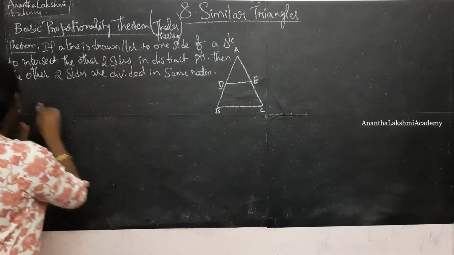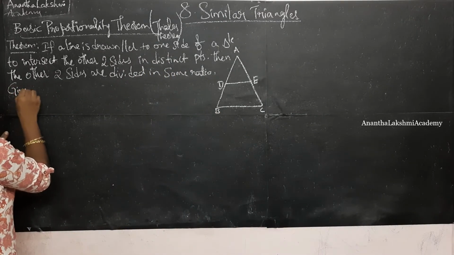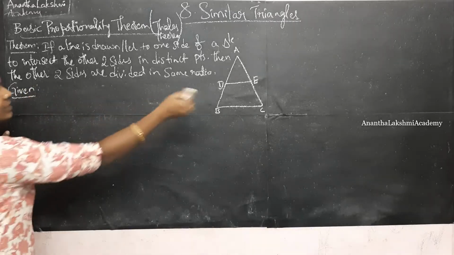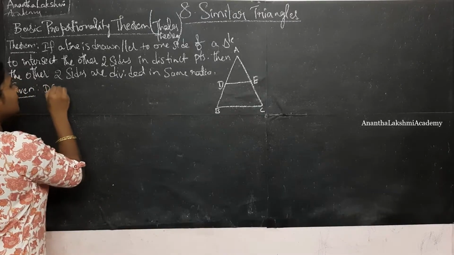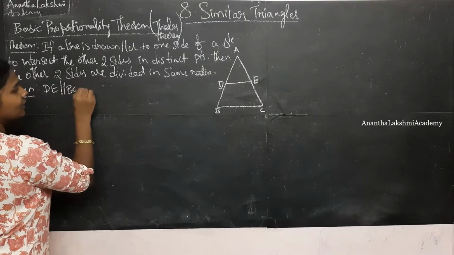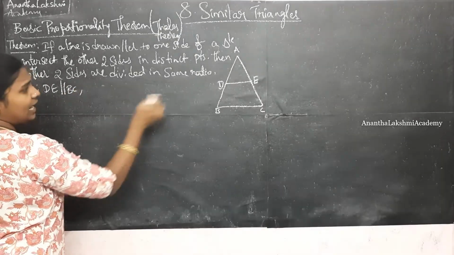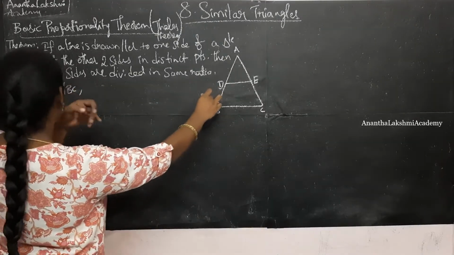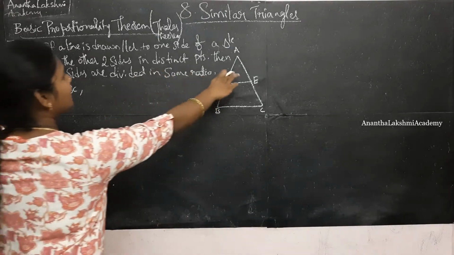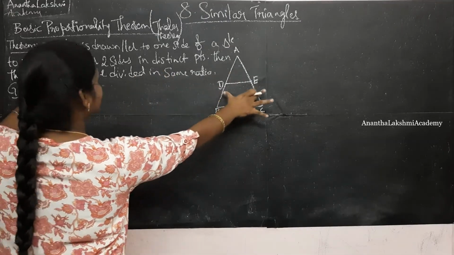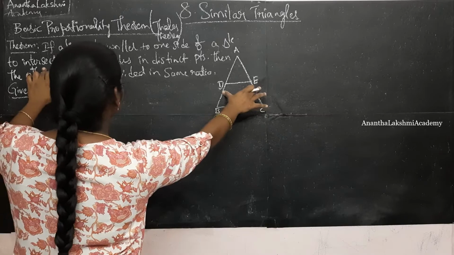Okay, so let's write what is given for us. What is given? DE is parallel to BC. One line is parallel to the other side and intersects the two sides in two distinct points.